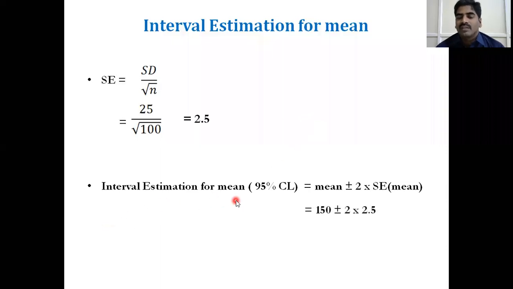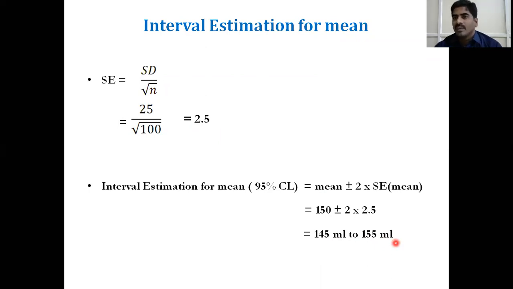So interval estimation for mean. For 95% confidence level, what is the formula? Mean plus or minus 2 into standard error of mean. What is the standard error of mean value? 2.5. And what is the mean value? Mean blood loss 150. So here, what is the interval? 145 ml to 155 ml.